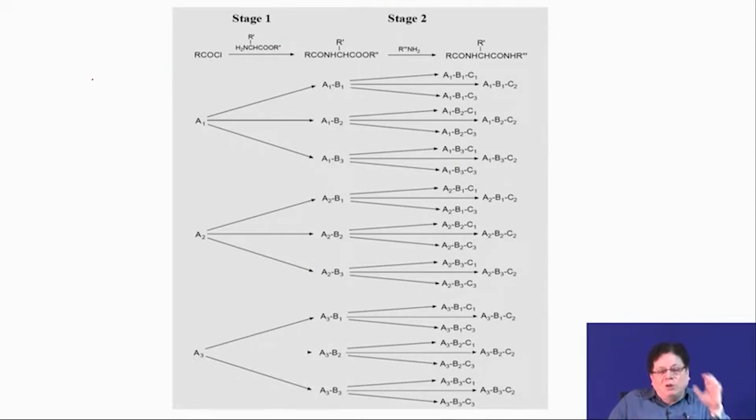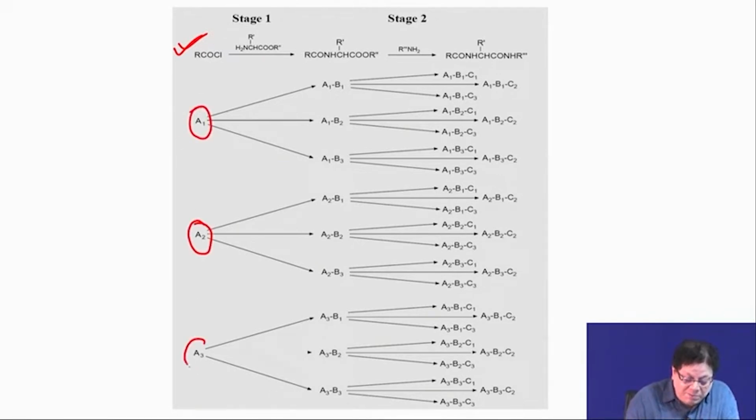So, all this combinatorial chemistry is usually done on solid surfaces, like utilizing Merrifield's resin. Now, I give you an example of this combinatorial synthesis. Suppose you take RCOCl, with different types of R denoted by A1, A2, A3.